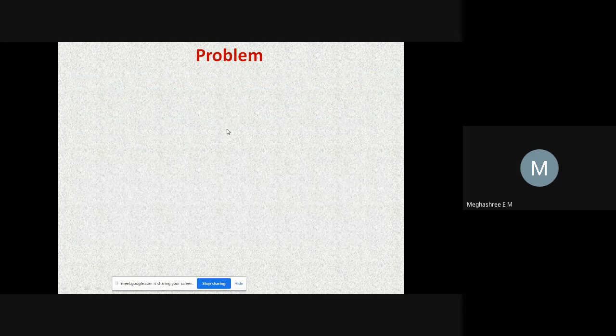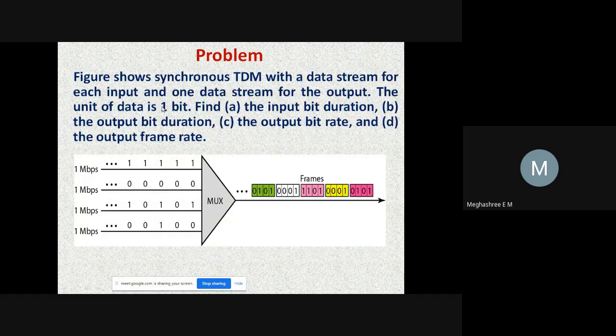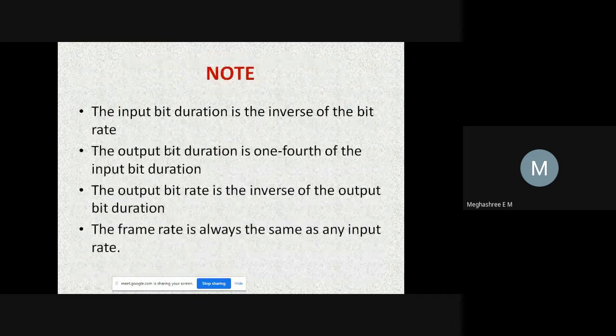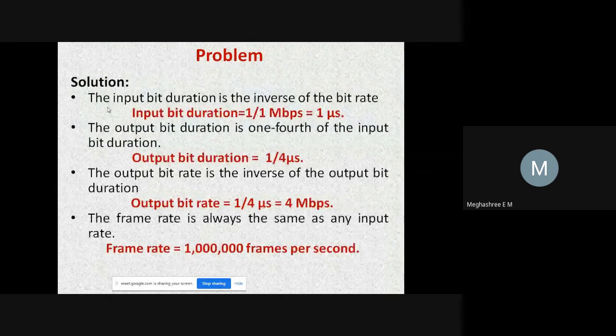First, you have to find the input bit duration. I just listed the statements in the notes, and the same is implemented for this problem. What is input bit duration? It is the inverse of the bit rate. What is the bit rate?